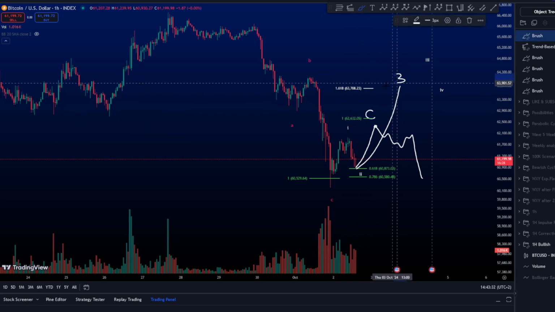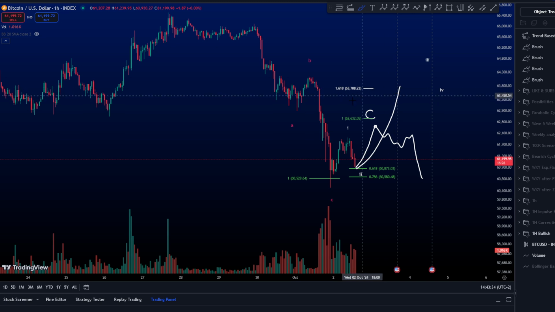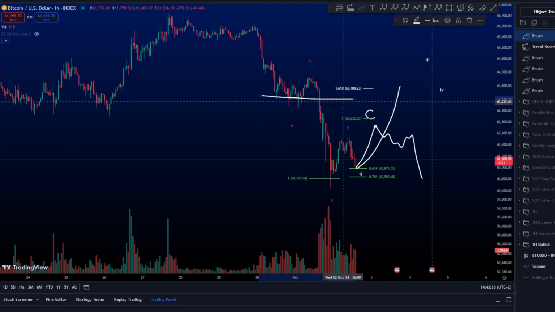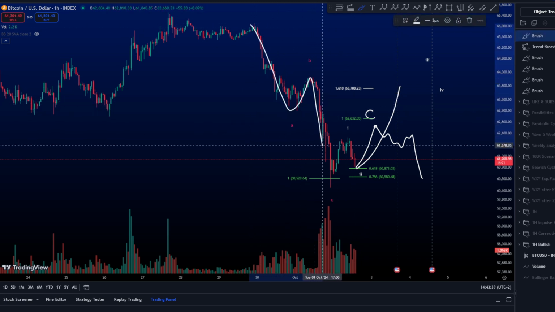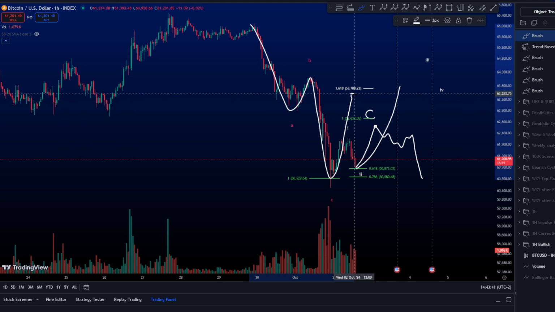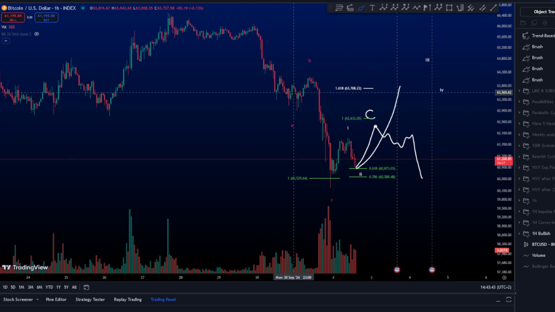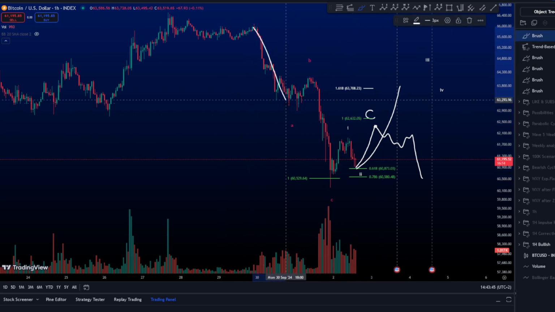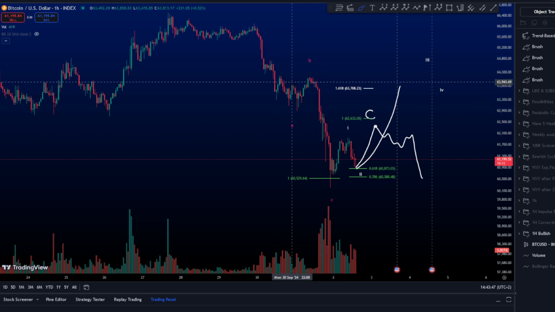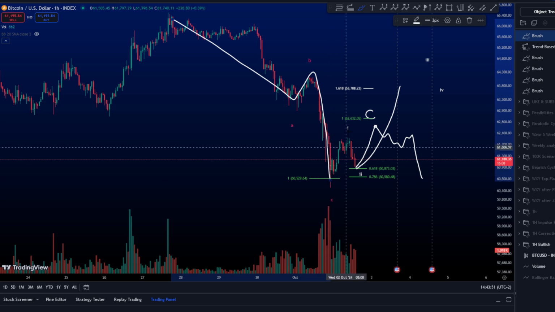In that case scenario, your wave 3 will have to hit your zone 1 here as 1, 2, 3. If your wave 4 interferes with your zone 1, it invalidates this impulse, and by all means, this is a correction.